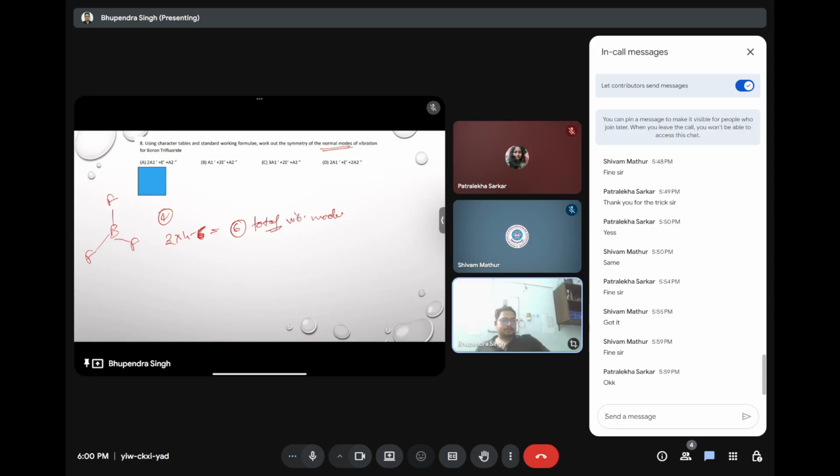You can eliminate the answers by looking at this. Option A: 2 into 1 plus E represents 2, so 2 plus 1 is 5, right? So option A is not the answer.